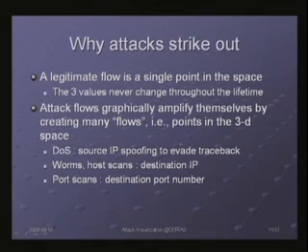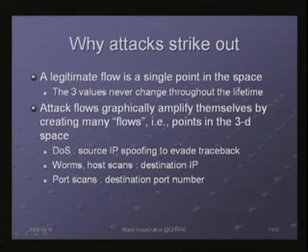Another question is, there were so many attacks in the trace, but why do they stick out? There is so much legitimate ambient traffic there. What is the reason that the attacks manifest themselves like that? Well, in that space, legitimate flows appear as a single dot.